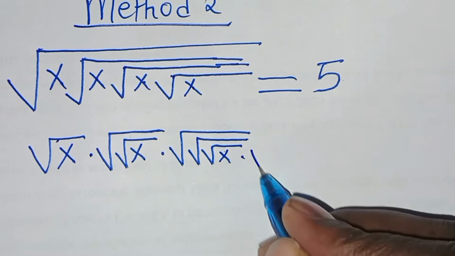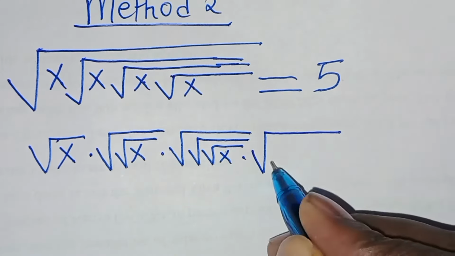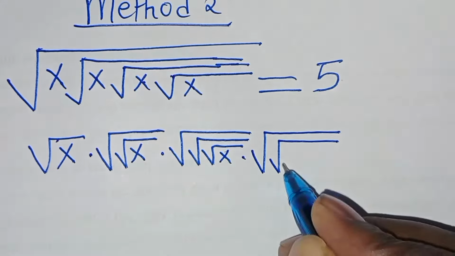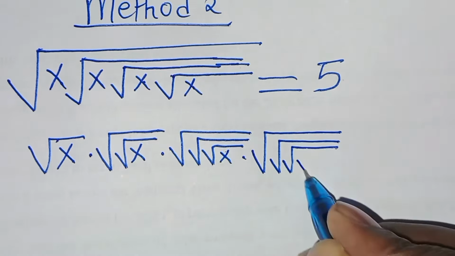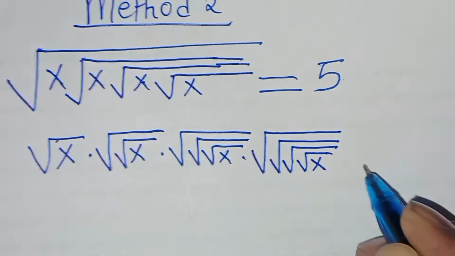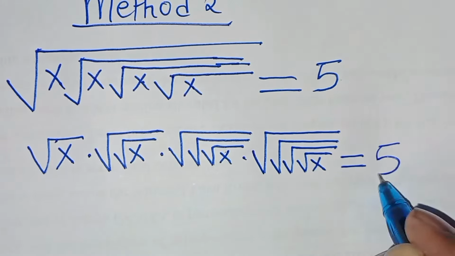So this implies that we'll have square root of square root of square root of square root of x. This is equal to 5.